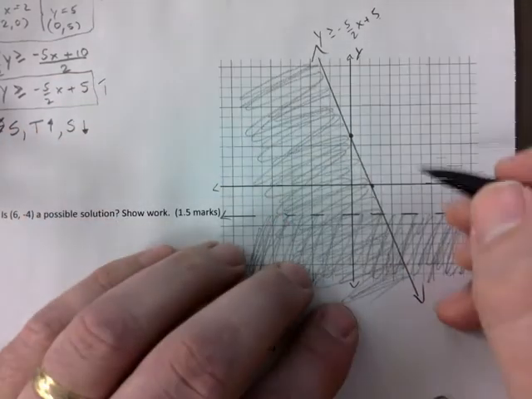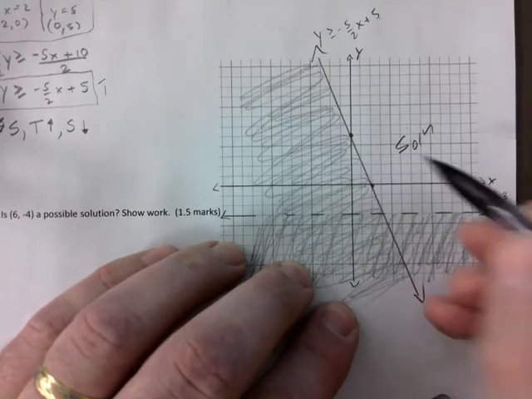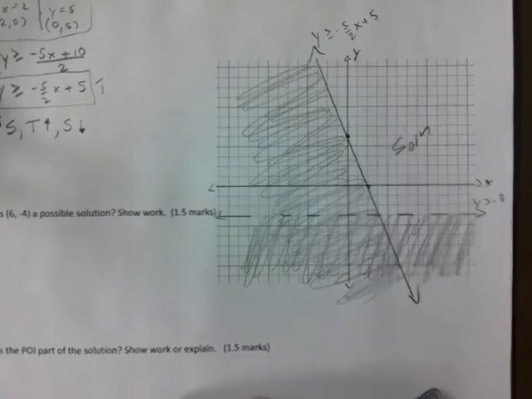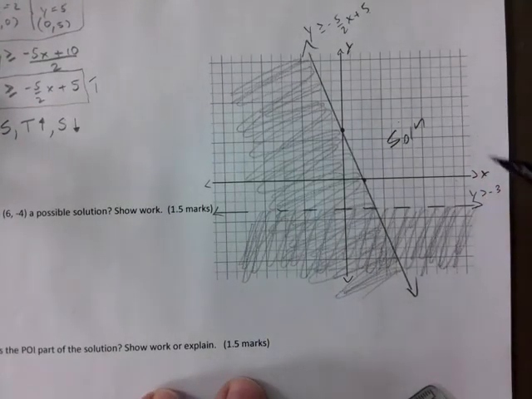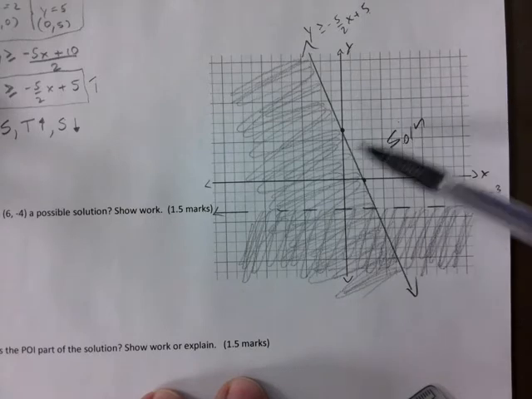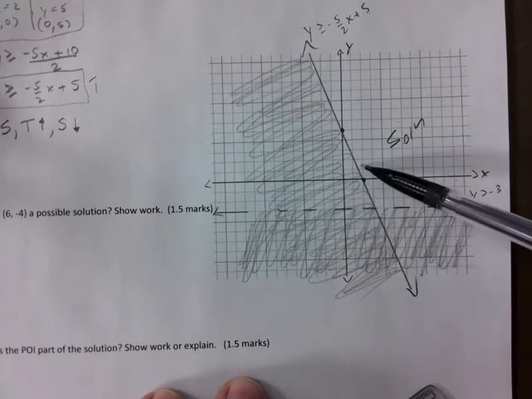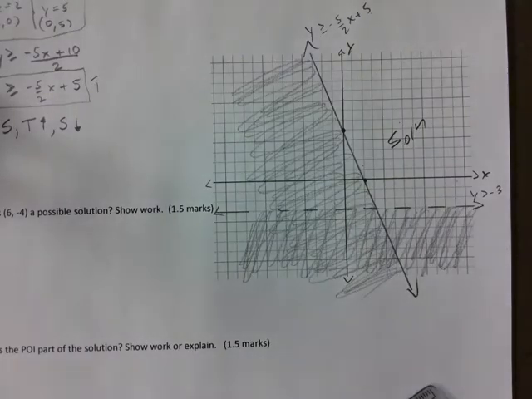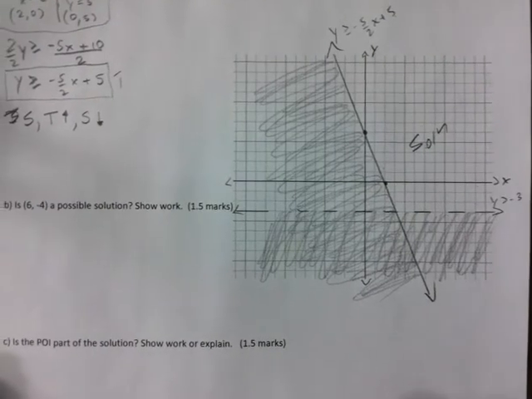Shade that, and I'm left with a solution region here. So you need to label the solution region as well. To get the 3 marks, all labels need to be there. Solution needs to be labeled. Dashed and solid. All of those things. Okay? And shading. If there's no shading whatsoever, -1. Okay? Because those are not inequalities.